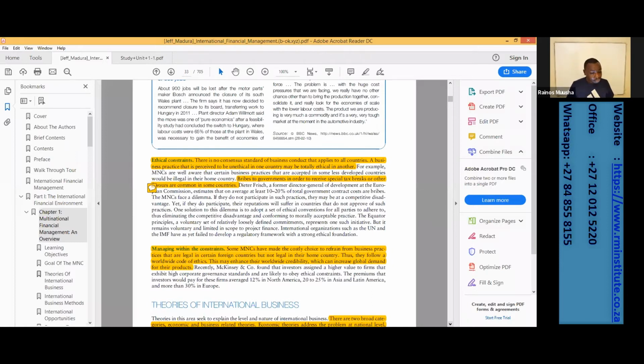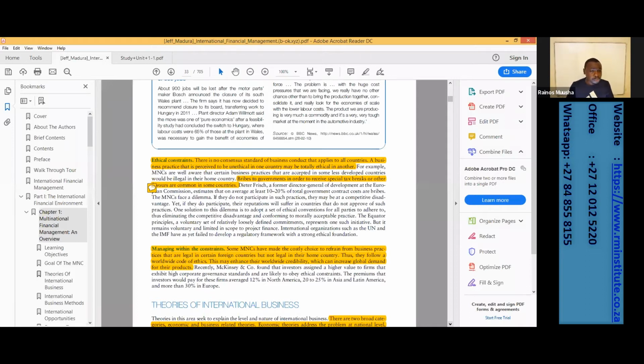Mainly because the moment they don't adhere to these constraints, there is bad reputation, and other people are not going to want to do business with them. And if they don't do business with them, there's no revenue coming in, and if there's no revenue, there's no profitability in the short run, and in the long run they are not going to be able to maximize the value of the firm.